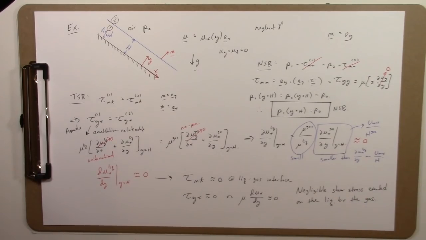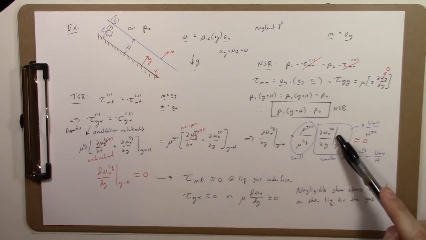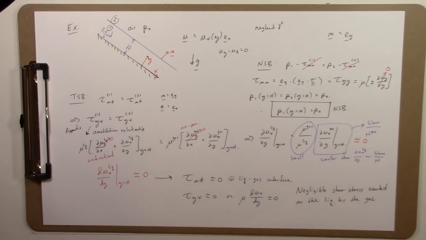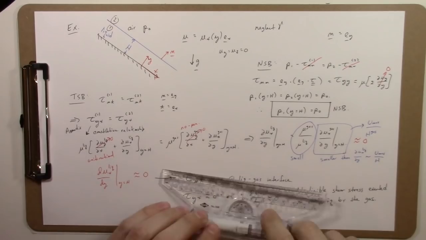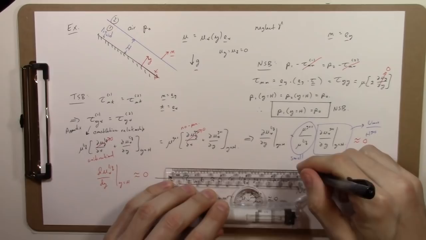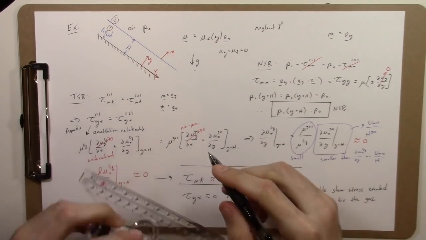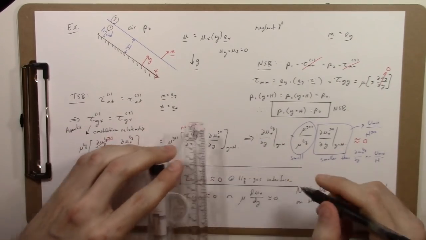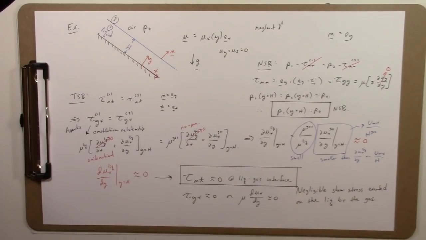Basically, the gas viscosity is so small compared to the liquid viscosity, and the velocity gradient in the gas is so small compared to that in the liquid, that the gas exerts almost no shear stress in the liquid at the interface. And so that can be neglected, and this end result can be applied without derivation at any liquid-gas interface in this course. So basically saying zero shear stress at any liquid-gas interface, you can just state that as the tangential stress balance result. You don't have to derive it again like we did here.